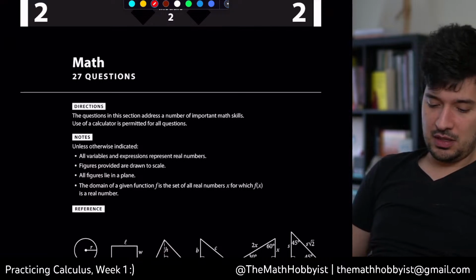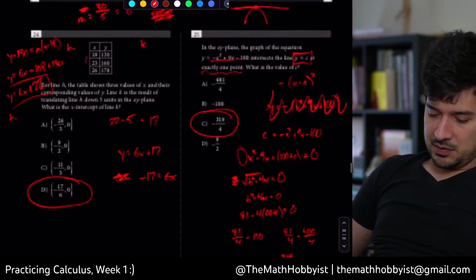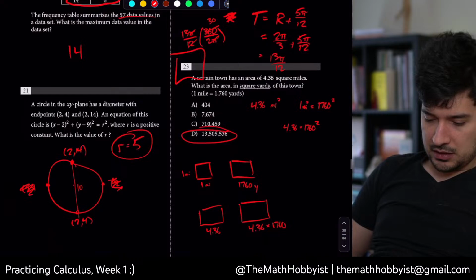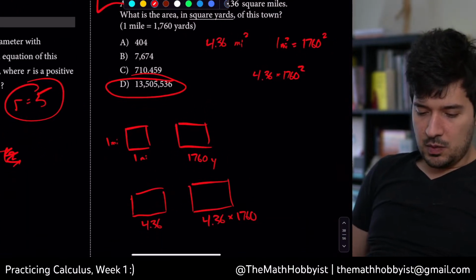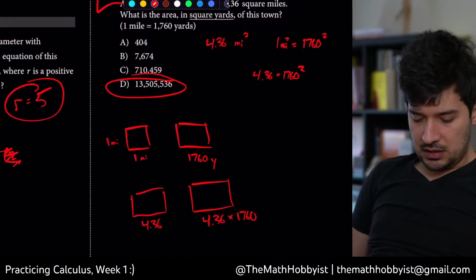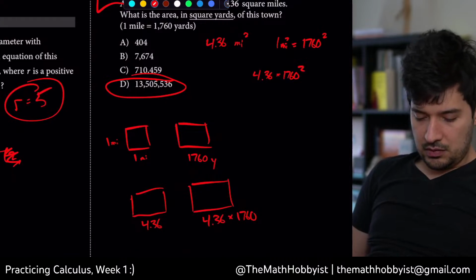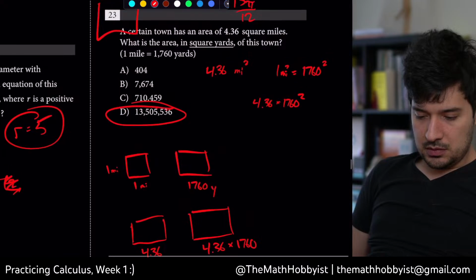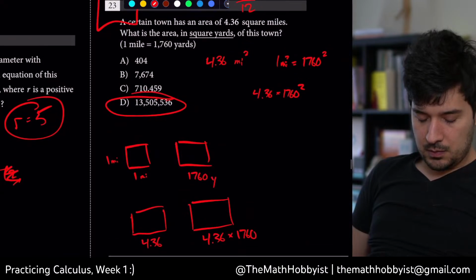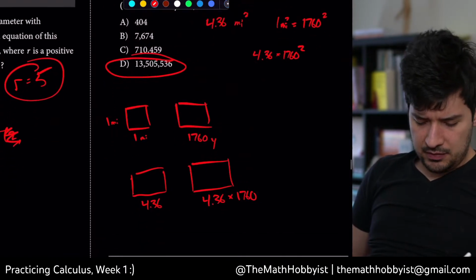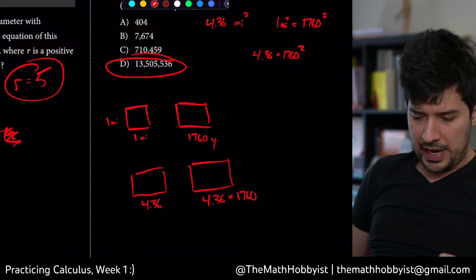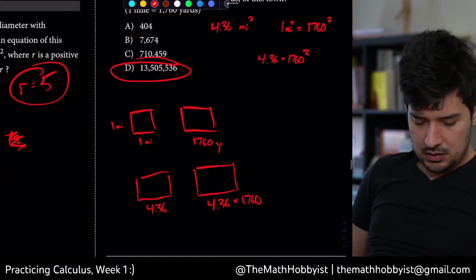I'm sure, if we still had time, I would come back to that one that I boxed. What's going on here? Something felt wrong about it. 1 mile is 1760 yards. So I drew the 2 here. Oh, yeah. Okay, so I wrote that it had 4.36 square miles.